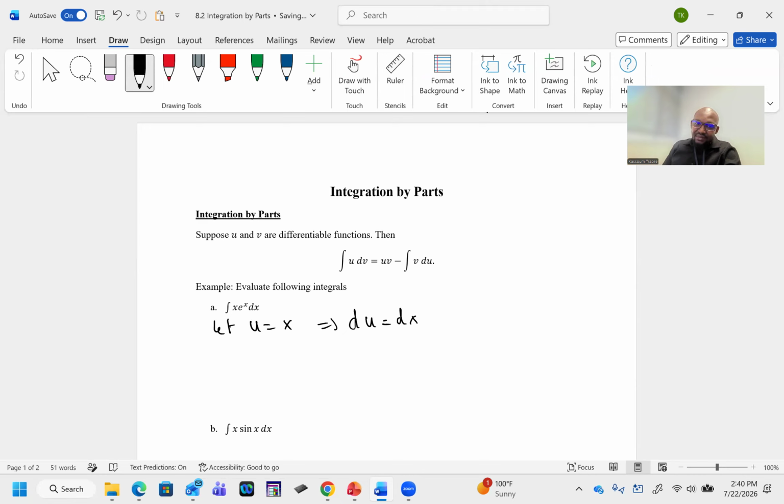And if I say my dv would be e to the power of x, which means v would be what? What is the antiderivative of e to the power of x? That's still e to the power of x. So this is how integration by parts is done. So this integral that I have, which is x times e to the power of x dx.